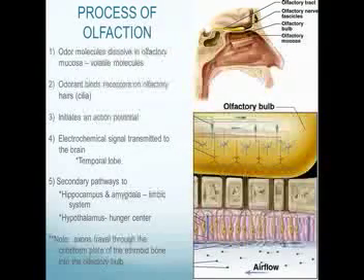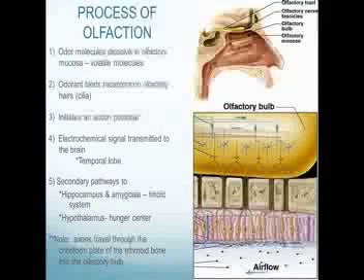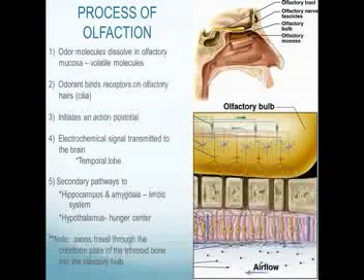There are specialized cells in there that make a lot of mucus, and that mucus is very important. There is a specific bone that I want to point out that you should remember from the skull lectures and your skull unit, and that's the ethmoid bone. What you're looking at here is the olfactory nerve sitting on top of the ethmoid bone, specifically the cribriform plate of the ethmoid bone.